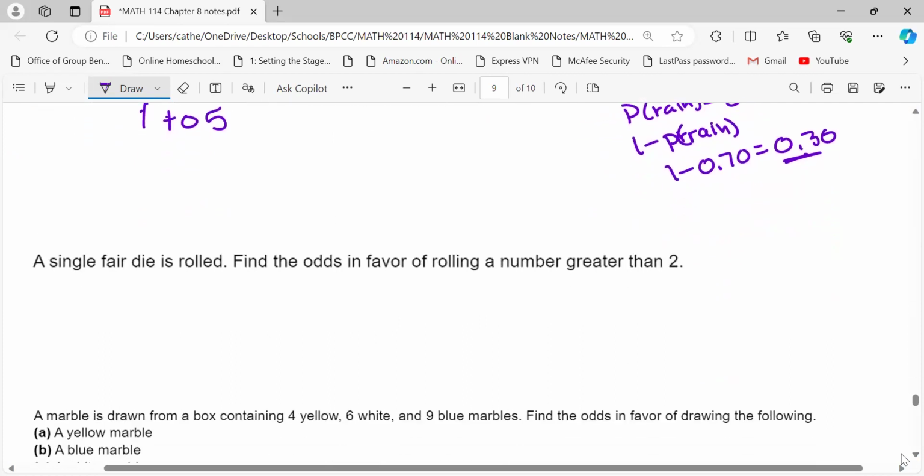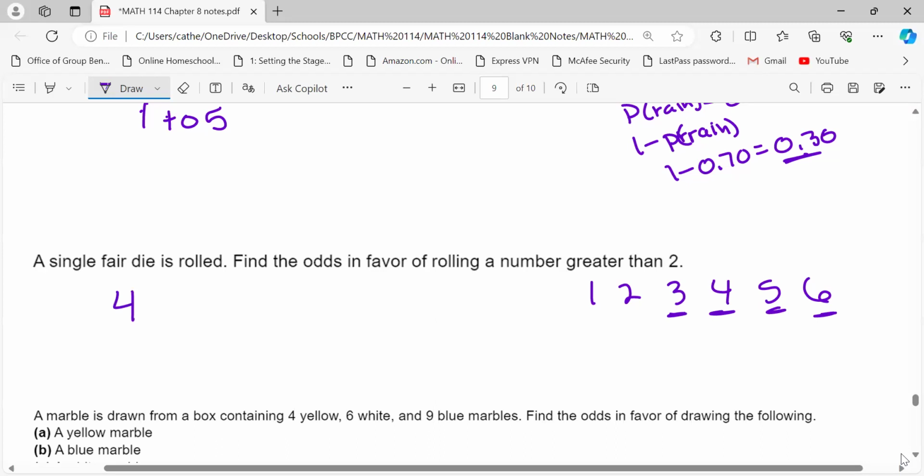Fair die is rolled. Okay. So we have 1, 2, 3, 4, 5, and 6 as our possible outcomes. Find the odds in favor of rolling a number greater than 2. That means we want to get a 3, 4, 5, or 6.